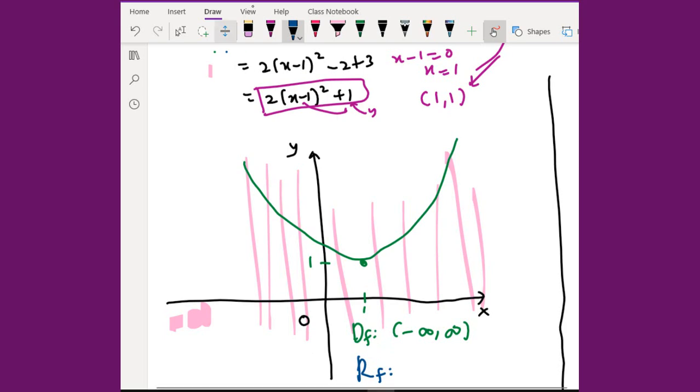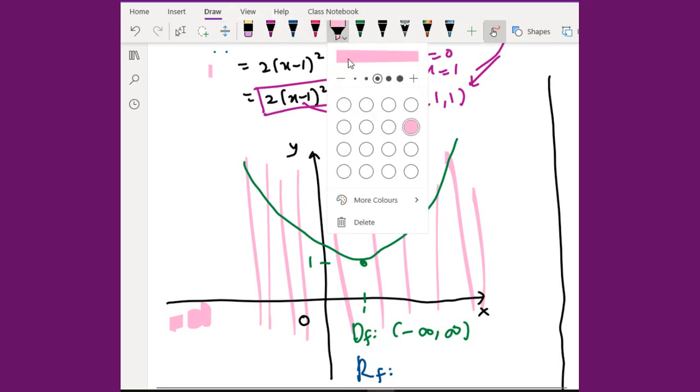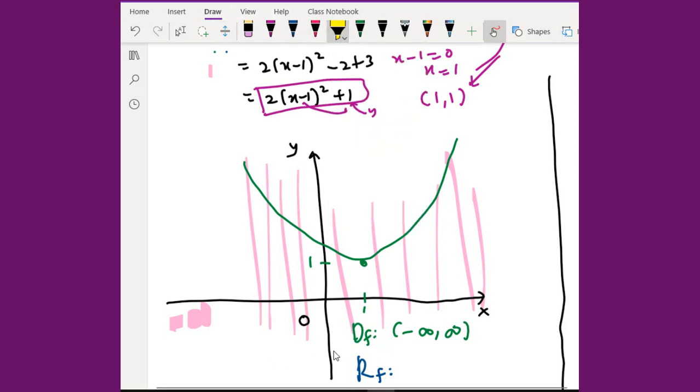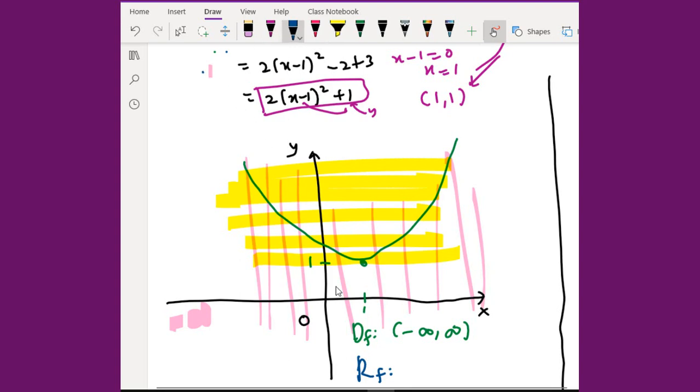For this one, as you can see, there is no graph below here, starting from 1 up to infinity. This is the range for this graph, from 1 to infinity.